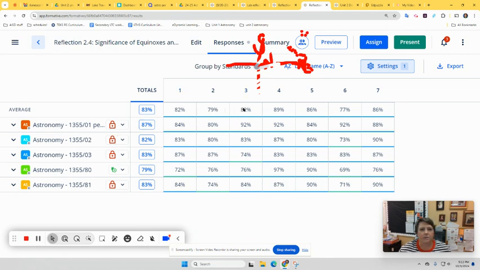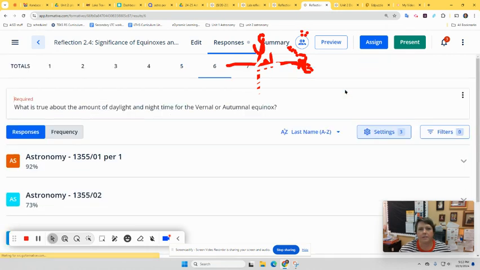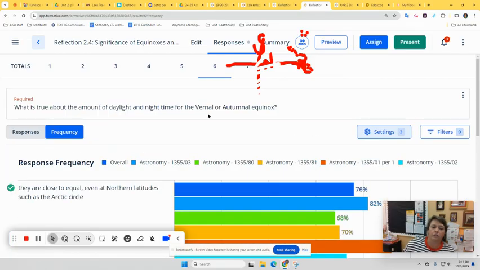The next one is number 6. What's true about the amount of daylight and nighttime for the vernal and autumnal equinox? I was speaking to a student and she said it wasn't clear to her that the vernal and the autumnal equinox are just the two different equinoxes. Autumnal means the fall, and vernal just means spring.